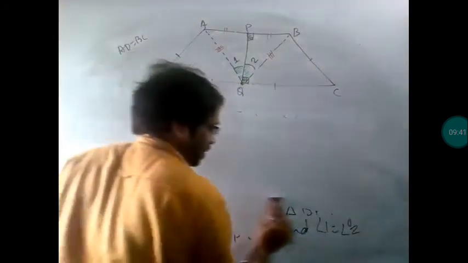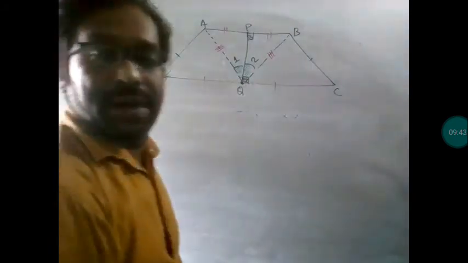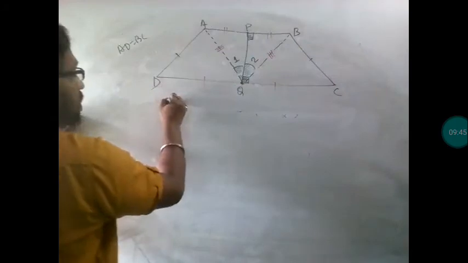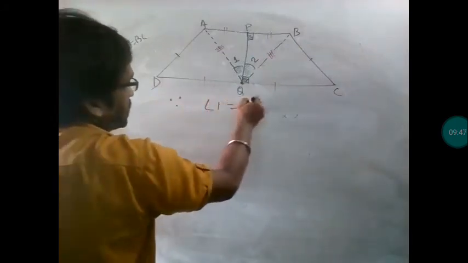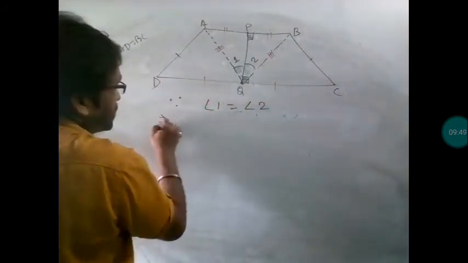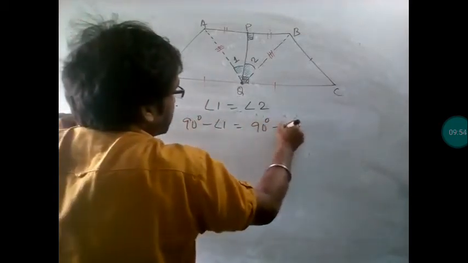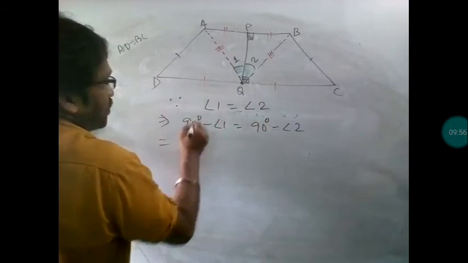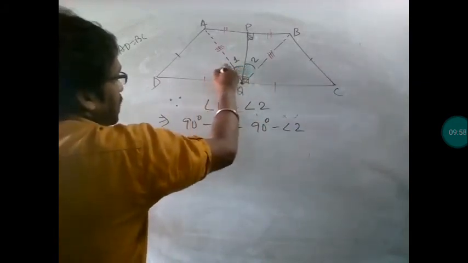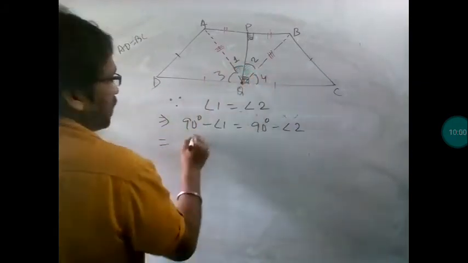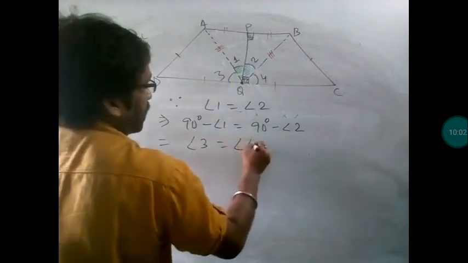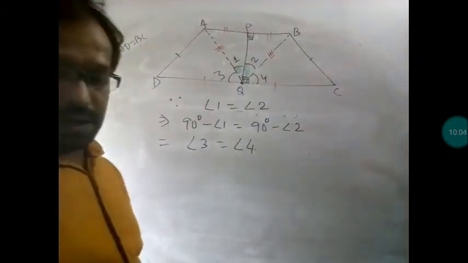From 90 degrees I will subtract angle 1 and angle 2 both, and I will get the desired angles. So 90 minus angle 1 is equal to 90 degrees minus angle 2. That means angle AQD is equal to angle BQC, and these are angle 3 and angle 4 respectively. So angle 3 is equal to angle 4.